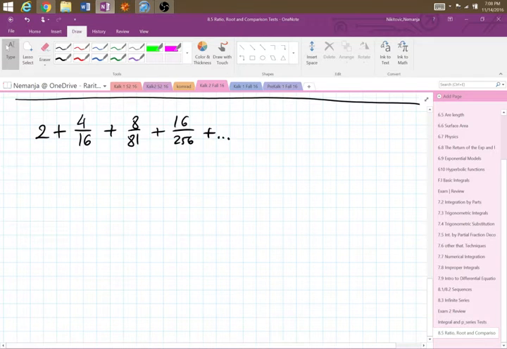Does it converge or diverge? You first have to put it into a sum and formulas and all of that kind of stuff. So we'll figure it out. It's a good question for the test.